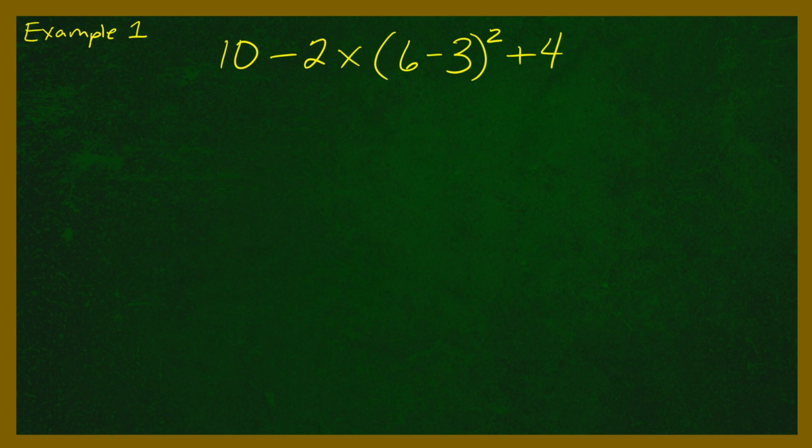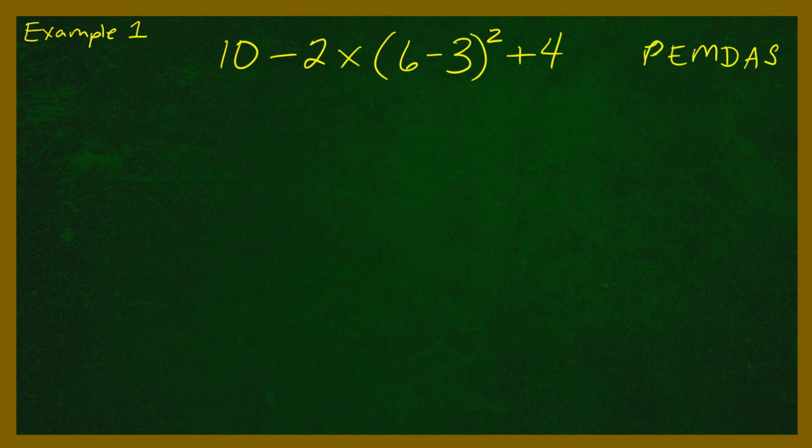So, looking at PEMDAS, we know that the P represents parentheses, E represents the exponents, M represents multiplication, D represents division, A represents addition, and S represents subtraction.